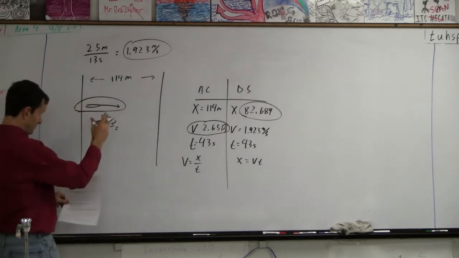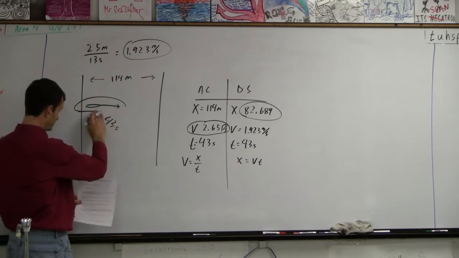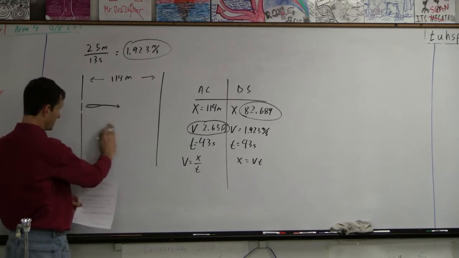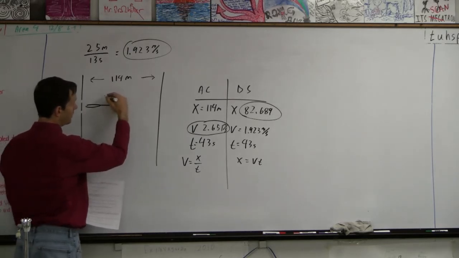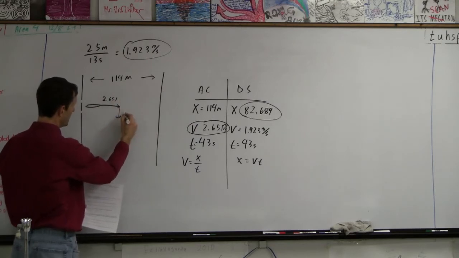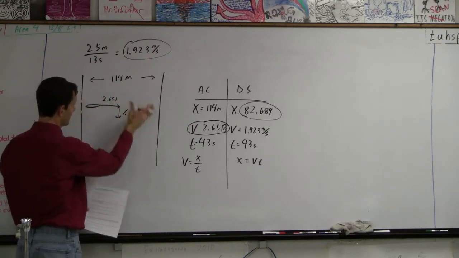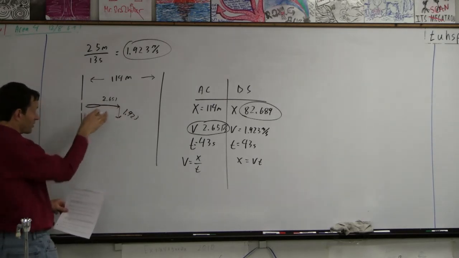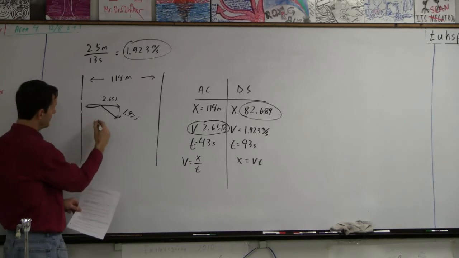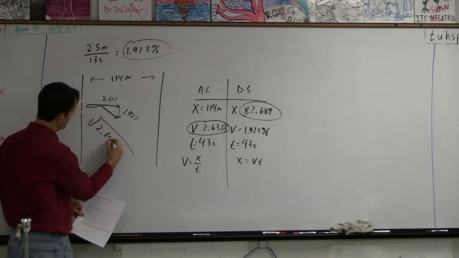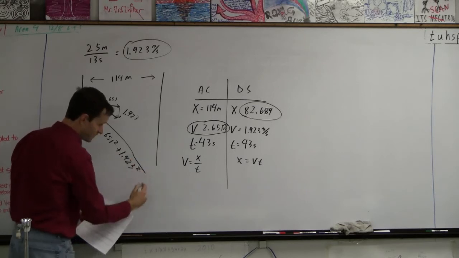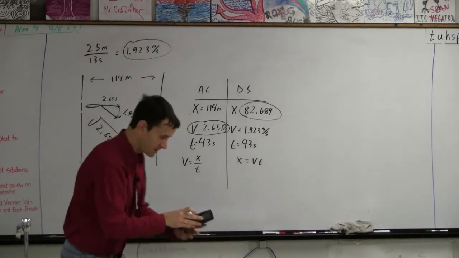Well, of course, as she crosses, you don't see her just going across at 2.651. You see her also going downstream at 1.923, because it's like she's on a sheet of paper. She's moving across it, and the paper's moving like that. And the speed is the hypotenuse of this triangle.